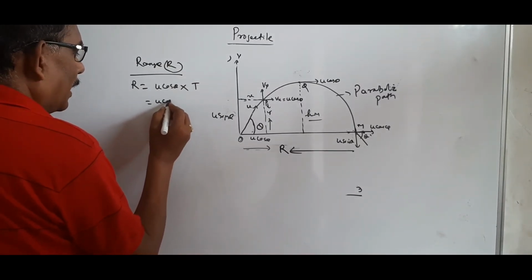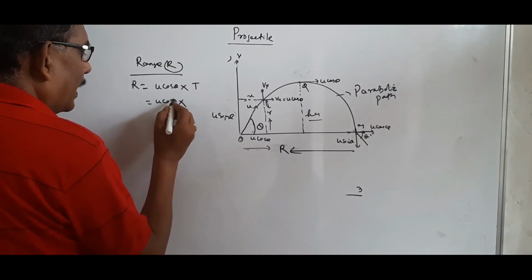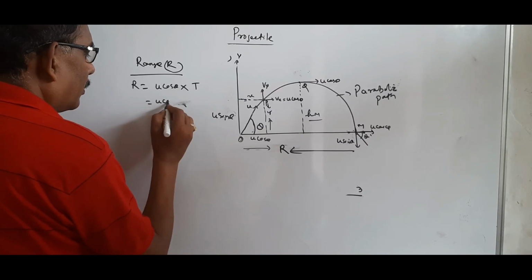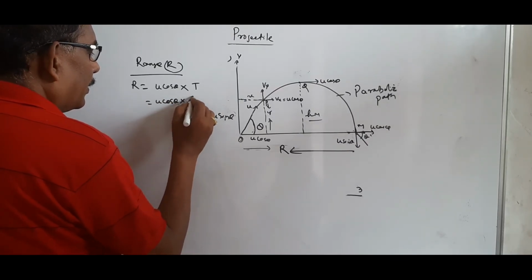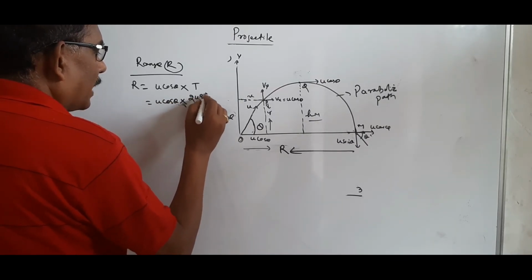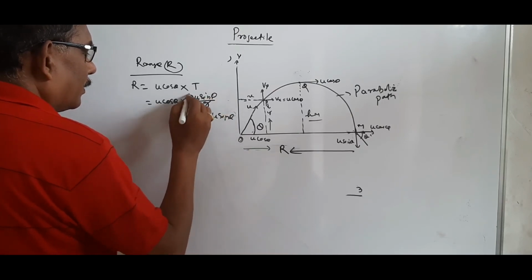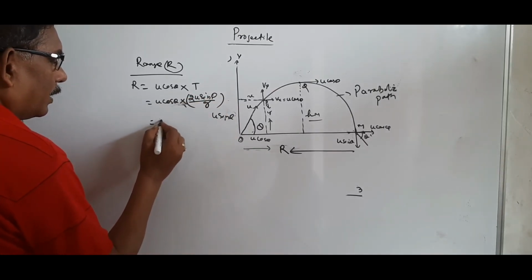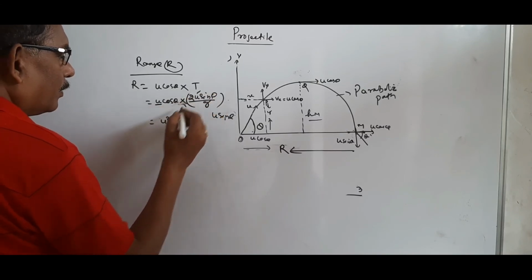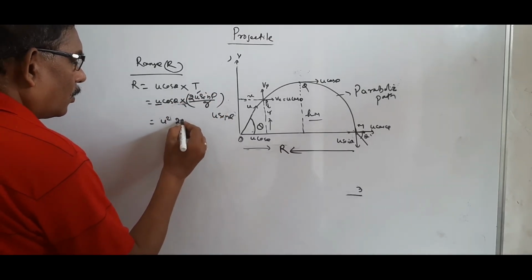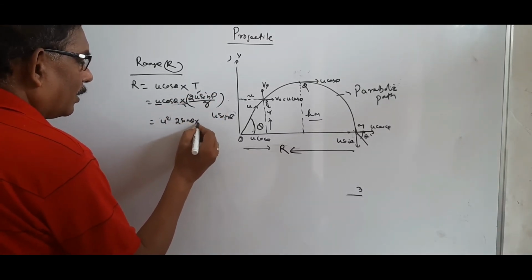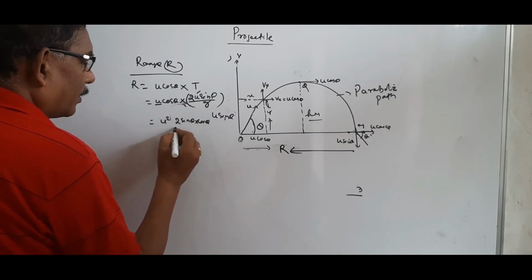So R equals u cos theta, and you know that T is equal to 2u sin theta by g. It is your u square, u and u, and 2 sin theta into cos theta by g.